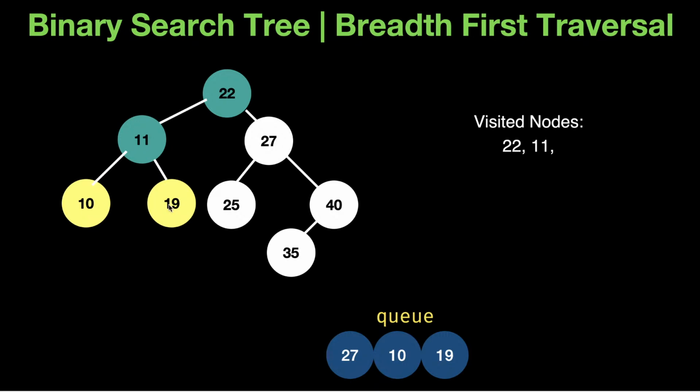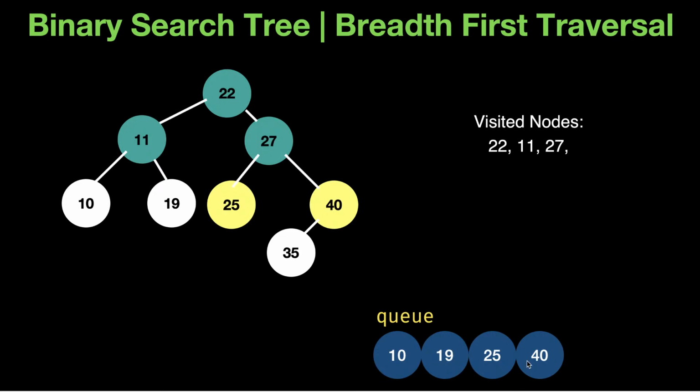So we visited 11 and inserted 10 and 19 into the queue. We dequeue 27, visit it, and we insert both of its children into the queue again. That means 25 and 40 get inserted into the queue, and we take out 10 because that is at the front of the queue. We visit it, and then we would insert the left as well as right child of 10 into the queue, but right now 10 doesn't have any child, so we do not have to insert anything here.